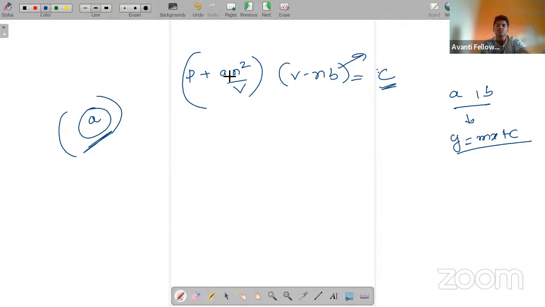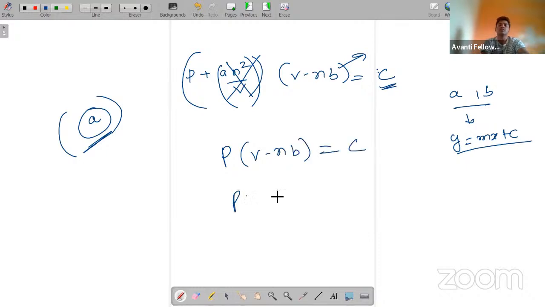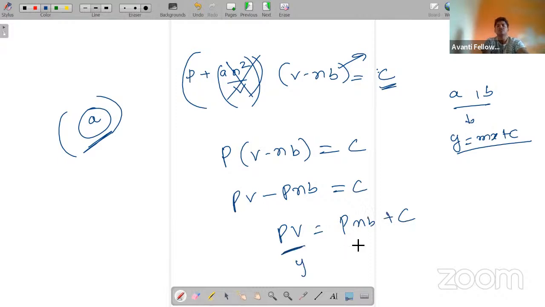If I ignore this term, it becomes P into V minus nb is equal to C. That is PV minus Pnb is equal to C. Then PV is equal to Pnb plus C. So if you consider PV as the y-axis and P as the x-axis, nb is the slope, which is m, and C is the intercept, so that is y is equal to mx plus c.